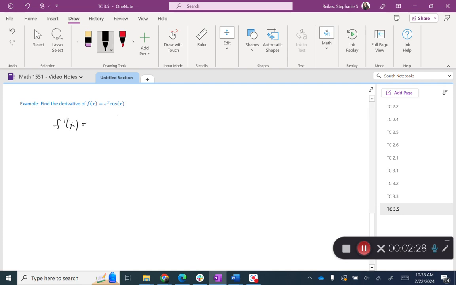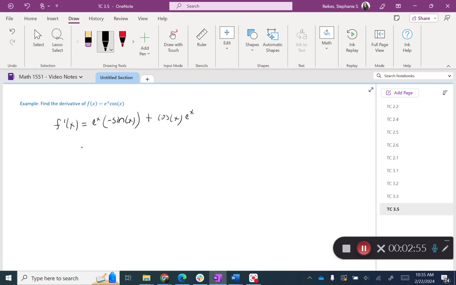So f prime of x is equal to the first, which is e to the x, times the derivative of the second. Derivative of cosine, we saw by definition, is negative sine x, plus now the second, cosine x, times the derivative of the first, and the derivative of e to the x from my last video again is e to the x.